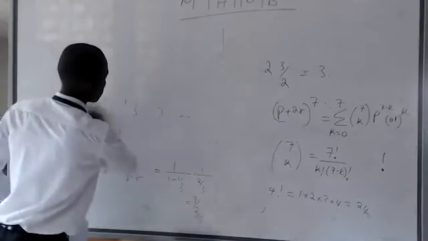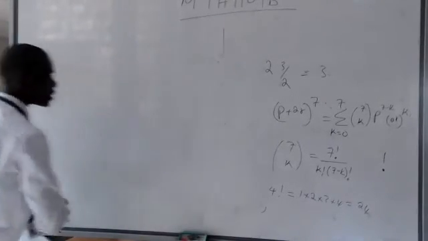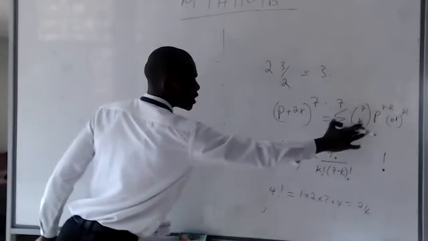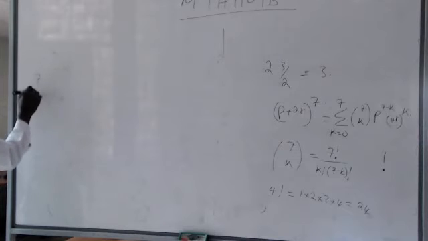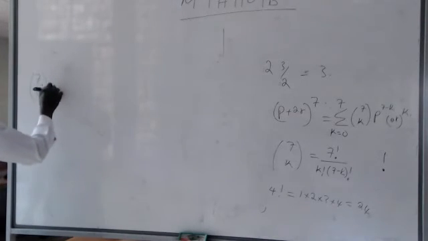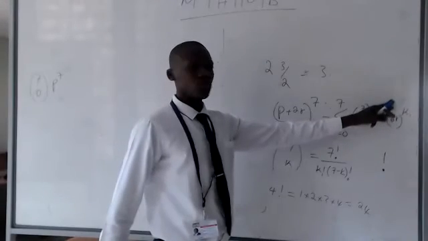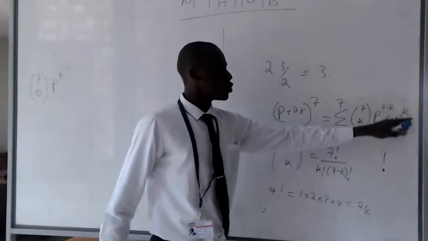Let's do this. So we have to find the binomial coefficients. I'm going to write this out from the sigma notation. First at 0, I have 7 combination 0, and then p raised to 7. When k is 0, 7 minus 0 is just 7, and 2 to the 0 is 1.